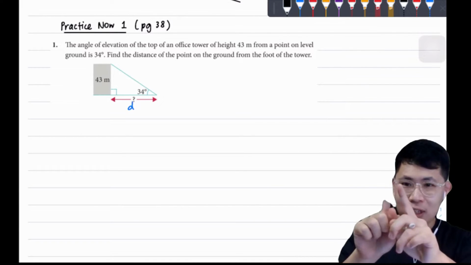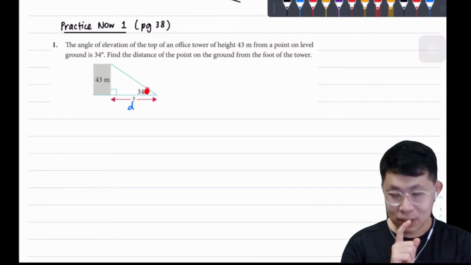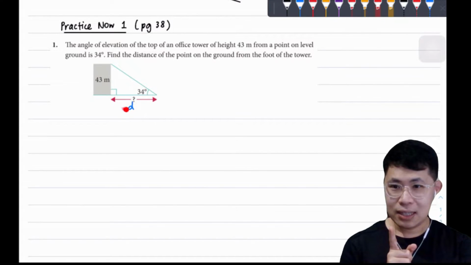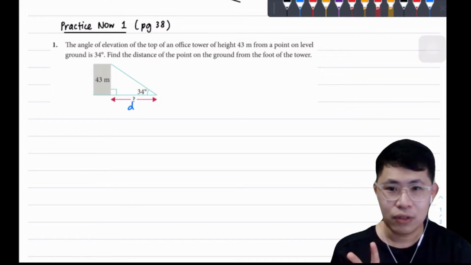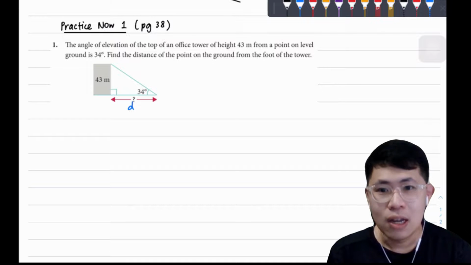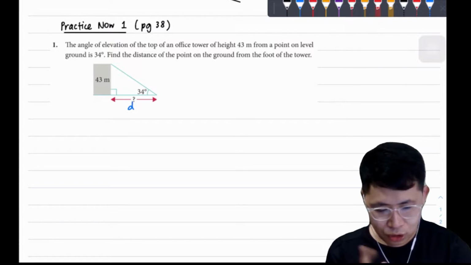We have 34 degrees over here, and this is the opposite of the 34 degrees, and this is the adjacent. So which ratio are we going to use: sine, cosine, or tangent? We are going to go for tangent.